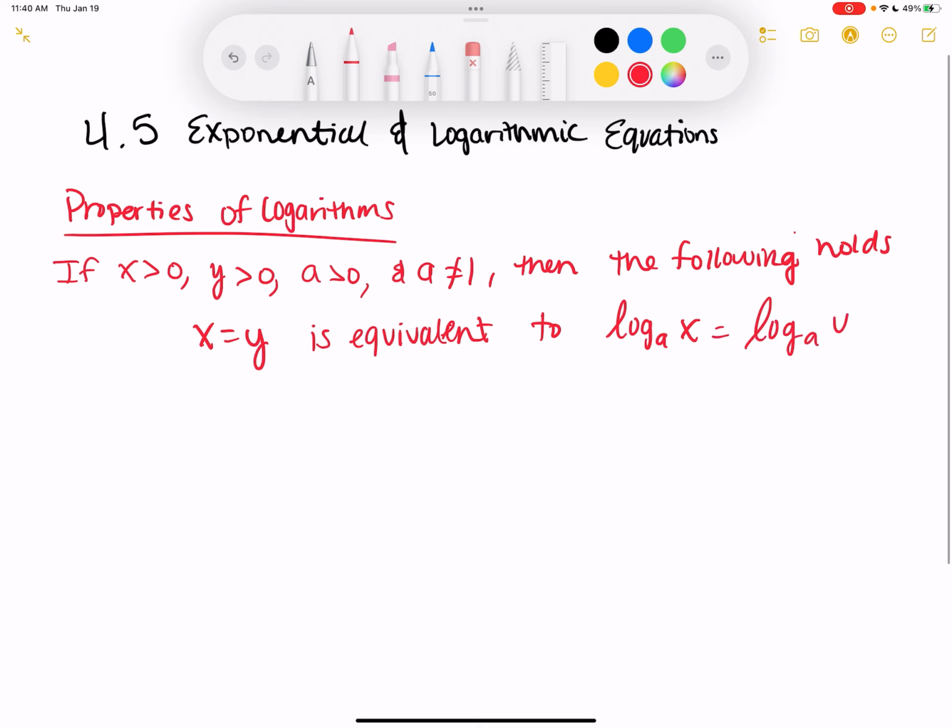So if they have the same log base, then the stuff that's inside of them is equal to each other.